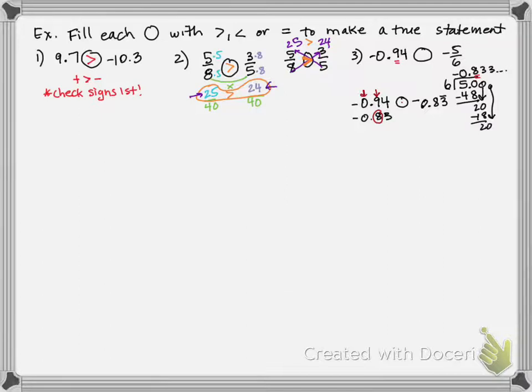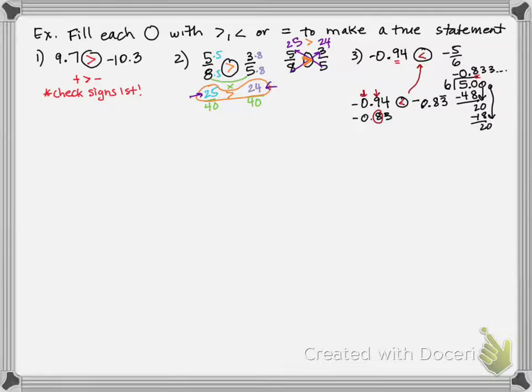That tells us that negative 94 hundredths is less than negative 83 hundredths with a repeating bar over the 3. If we take that back up to the original problem, which is how you always give me the final answer, we get negative 94 hundredths is less than negative 5/6.